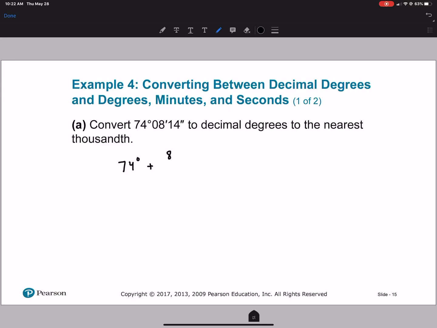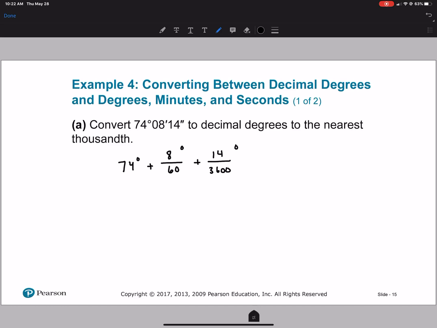So we go ahead and divide this by your 1/60. Then plus your 14 over your what? 3,600. Now, remember, if you do the conversions, we know that we're trying to change this into degrees, right? A full degree. So we're going to put it in a DMS.